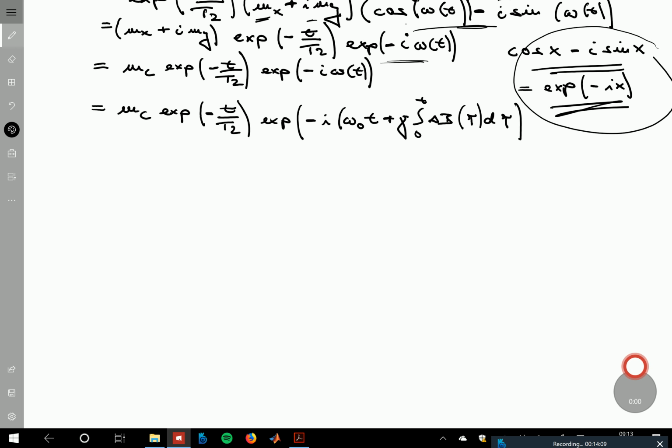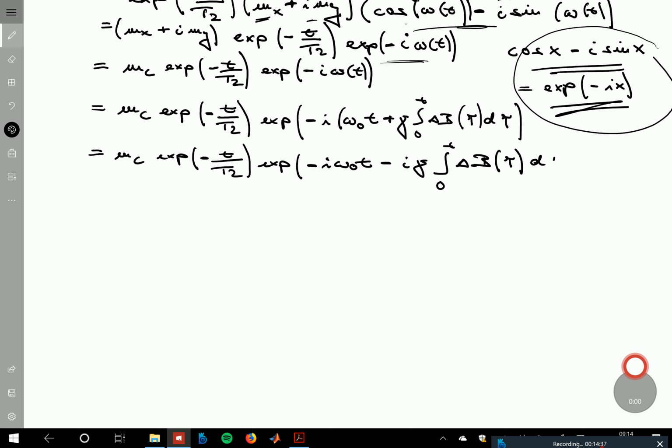So that's followed by substituting our initial definition, and then of course we can also resolve the bracket in there. So we have x minus I omega 0 t minus I gamma integral from 0 to t of delta B tau d tau. And then what we can always use is that x of a plus b is x of a times x of b.